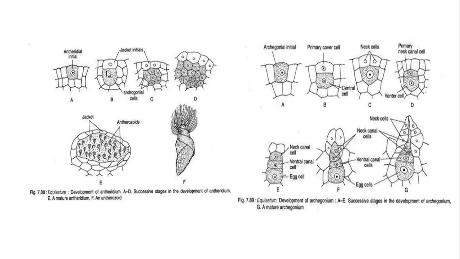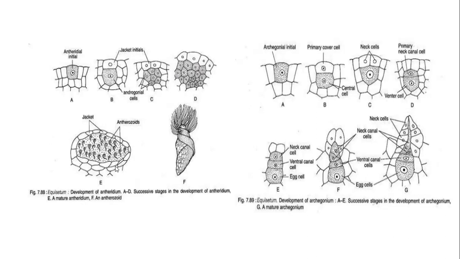So this antheridial initial divides by one anticlinal division and forms one androgonial cell and the jacket initial. The androgonial cell upon division transforms into androgonial cells. Even the jacket cells are also dividing, and they surround the developing androgonial cells to give protection.